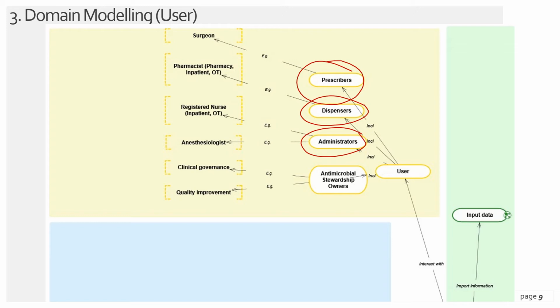Administrators include registered nurses from the inpatient ward or operation room who infuse the medication, and the anesthesiologist who actually injects the medication into the patient's body. And the last user is the antimicrobial stewardship owner, who could be clinical governance staff or quality improvement staff.